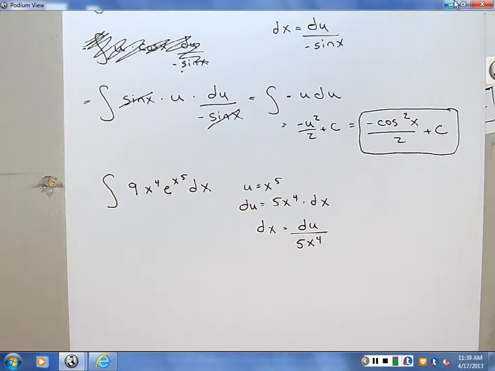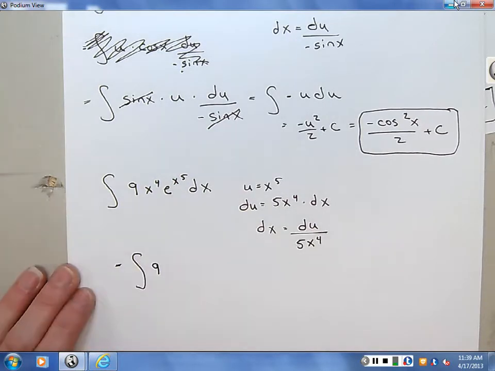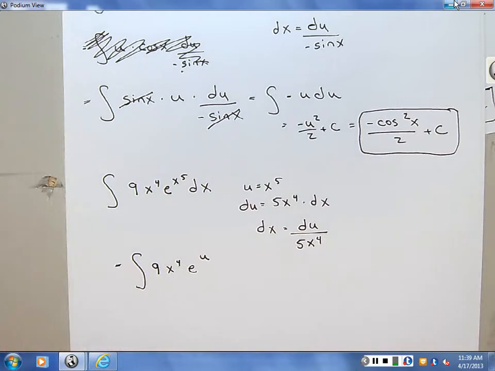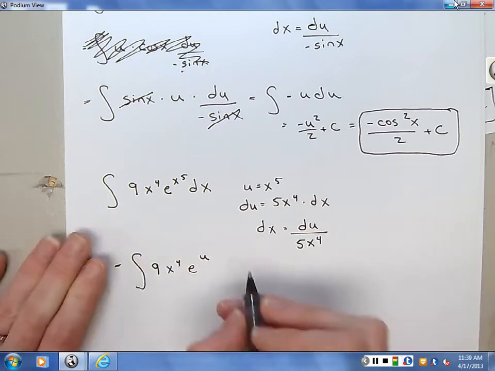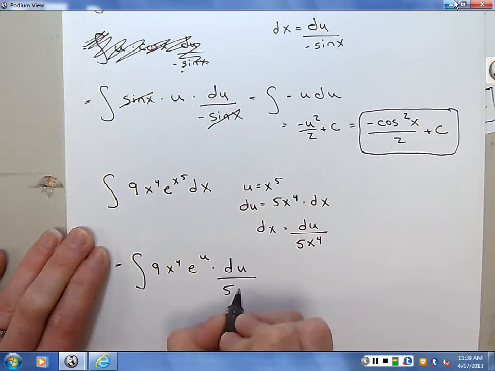So now let's plug in everything that we know in terms of u. So I have the integral of 9 x to the fourth e to the u, right? I'm stuck with that x to the fourth for now. And I picked e to the u because I wanted to replace x to the fifth as u. Now what is dx? Well, dx is du divided by 5x to the fourth.